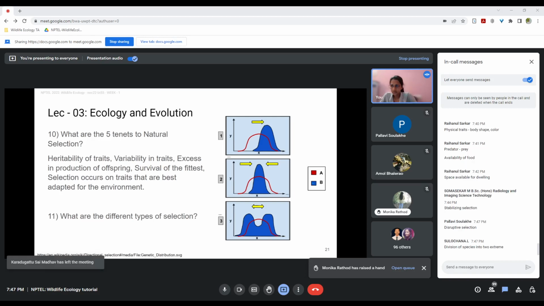Sulochana has said division of species into two extremes. Sure, that is correct. Light colored oysters. Sorry, did you say light colored oysters? Yes, ma'am. As opposed to, what are the other extreme traits then?